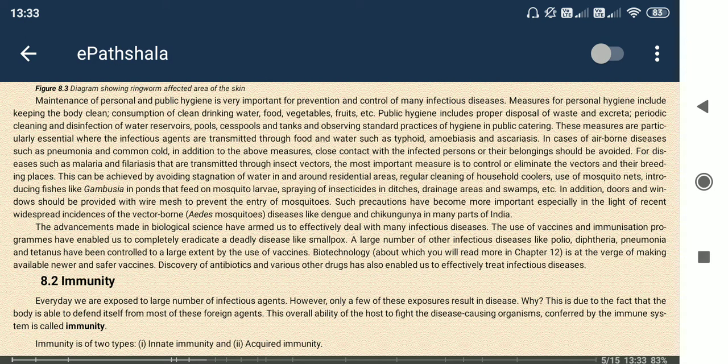From previous study, in classes 9 and 10, you have studied something about immunity. This is actually the resistance of our body system against any foreign particle, foreign molecule, or foreign organisms. Inside our body there are many organisms.